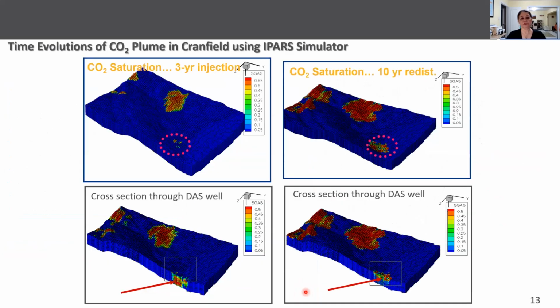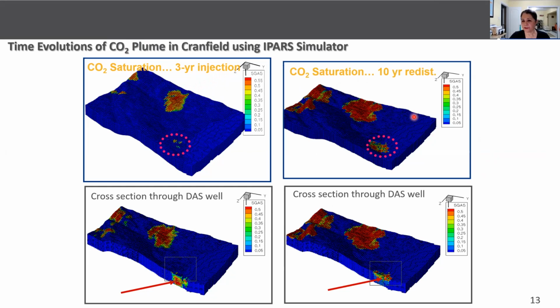Again, we tried to simulate this and history match the response of CO2 injection into Cranfield. This is the entire model, and CO2 saturation after 3 years of injection. This is actually where the CO2 for storage was done. These are CO2 for EOR.